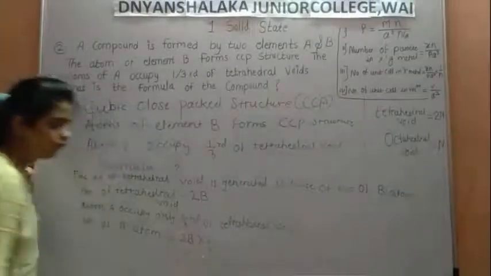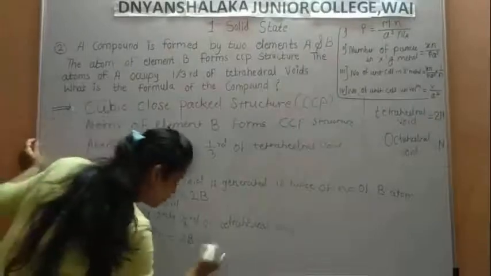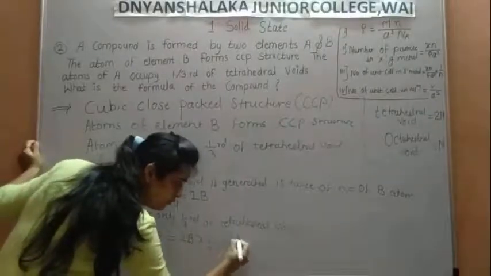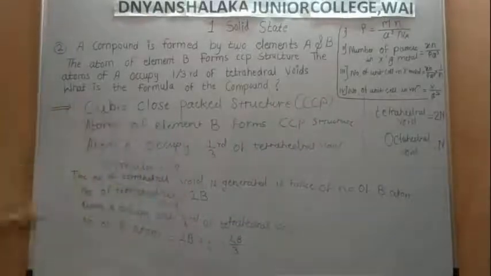So 2B into 1/3. So we get 2B upon 3. Number of A atoms is 2B upon 3.